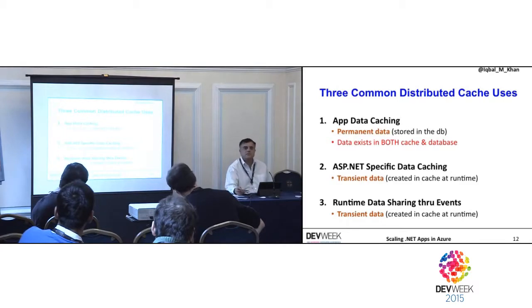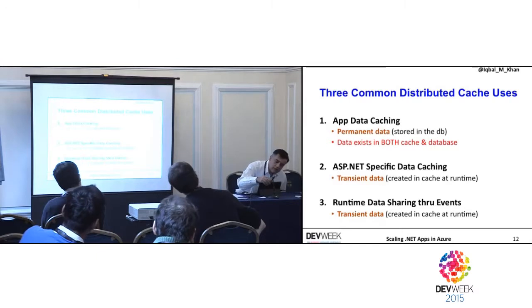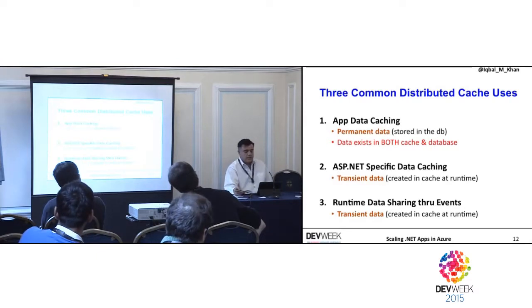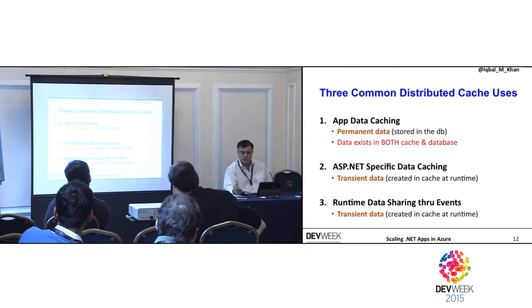For example, ASP.NET sessions is transient data. It gets created when you log in or you access a web application the first time, and it goes away after 20 minutes of inactivity. View state is another case, and there may be also other transient data that your application itself is generating.